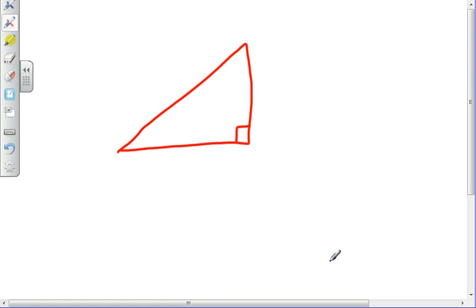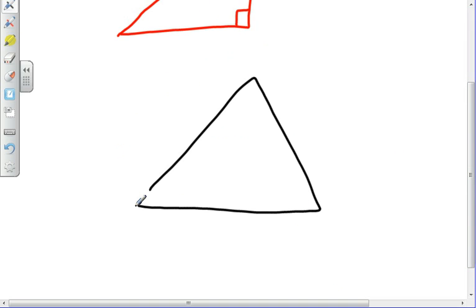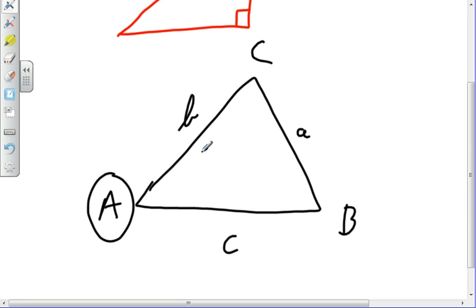Well, let's say for a moment that I've got this triangle, A, B, C. I know this, I know that, I know that. So I know big A, I know little c, I know little b.